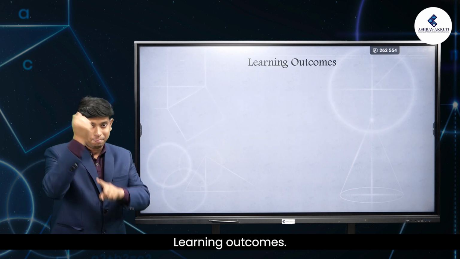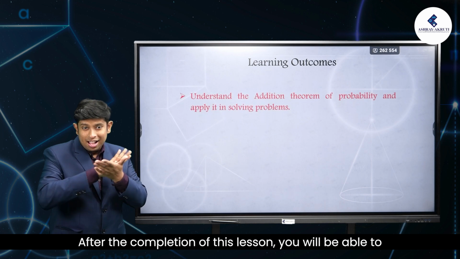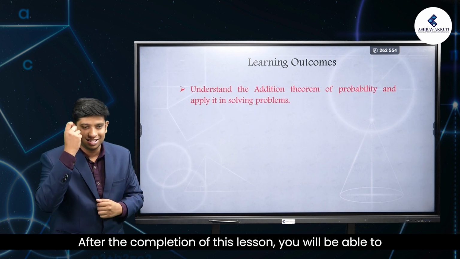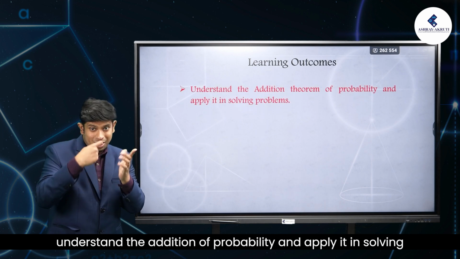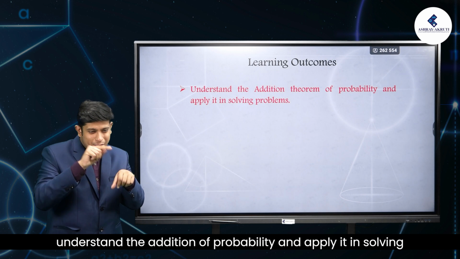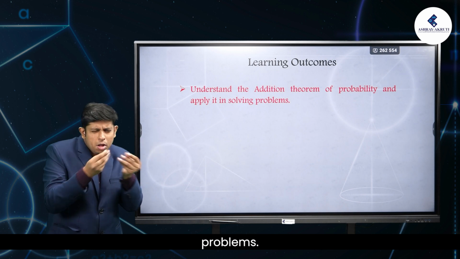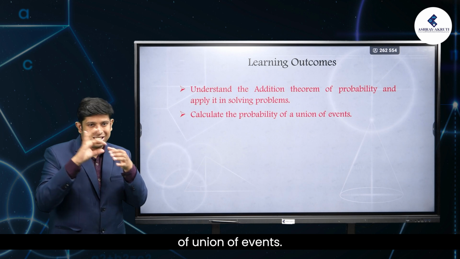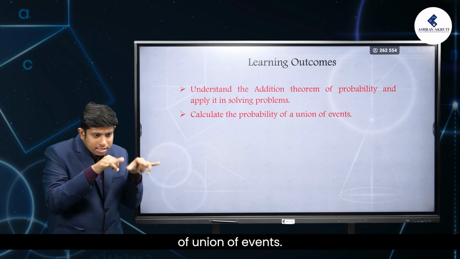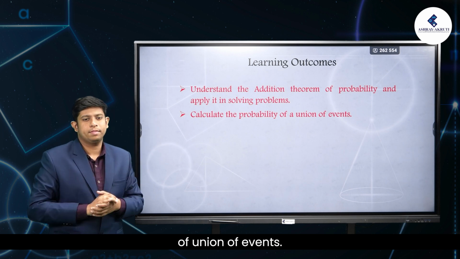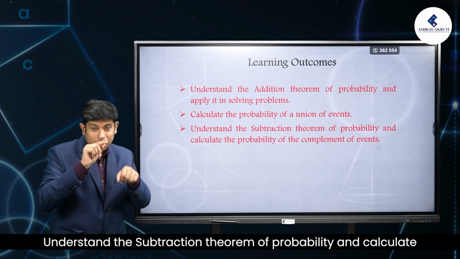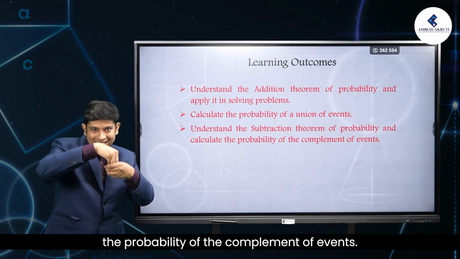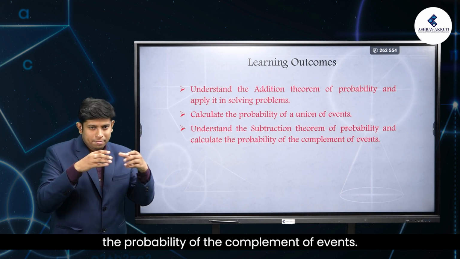Learning outcomes. After the completion of this lesson, you will be able to understand the addition theorem of probability and apply it in solving problems, calculate the probability of union of events, understand the subtraction theorem of probability and calculate the probability of the complement of events.